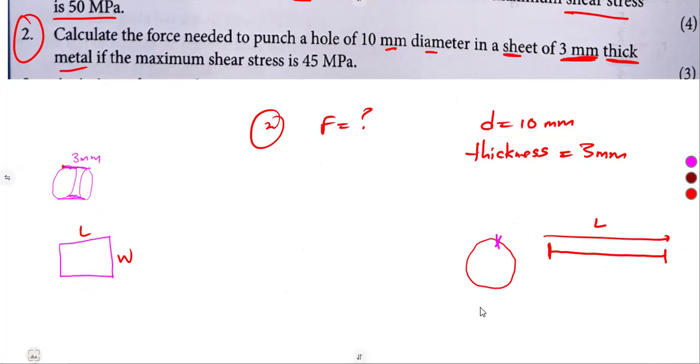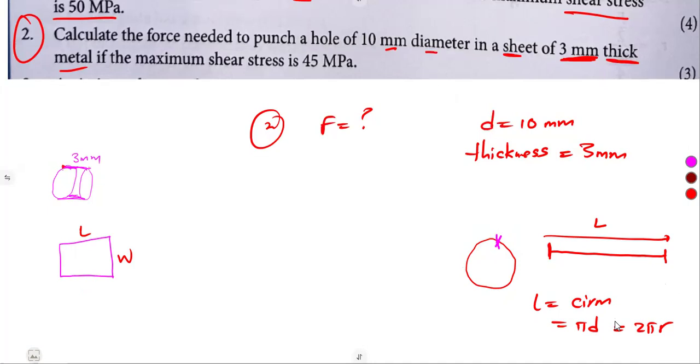So this length, if you take it from the circle, because it was a circle, it is the circumference of the circle now. So since the length is equivalent to the circumference of a circle, how do you calculate the circumference of a circle? That is pi d, or 2 pi r.